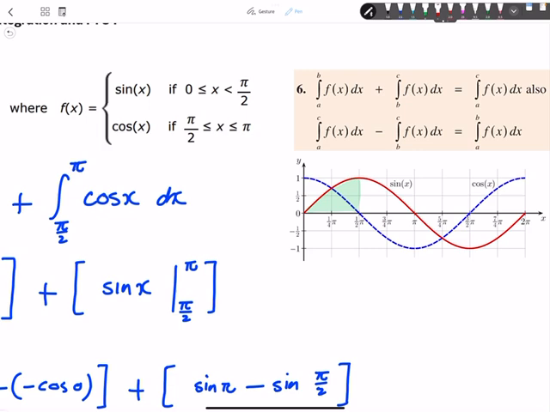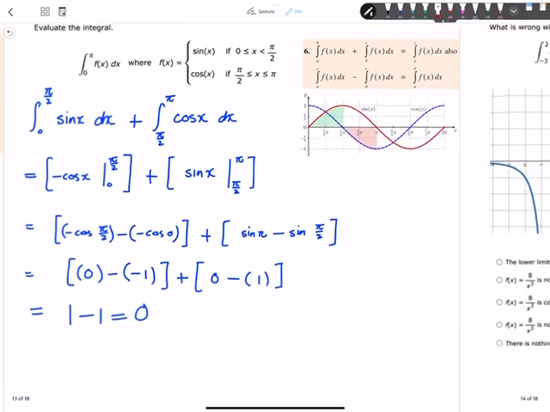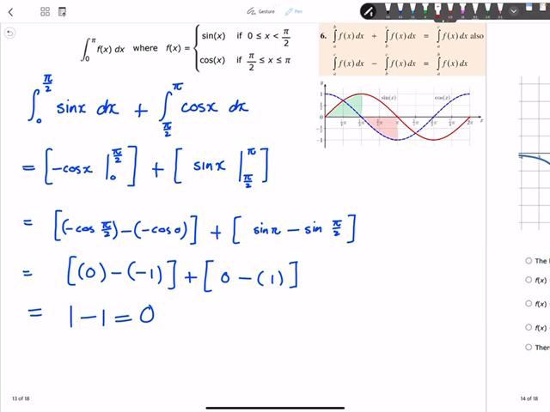And then if we shade the area under the graph for cosine, well, between the x-axis and cosine on the interval from pi halves to pi, then we're looking at this little area right here. And so you can see immediately that since these two areas are symmetrical in nature, but one of them is above the x-axis, the other one is below, of course, these areas will cancel out. It's that net area problem, which confirms graphically to me that my answer here should be 0.